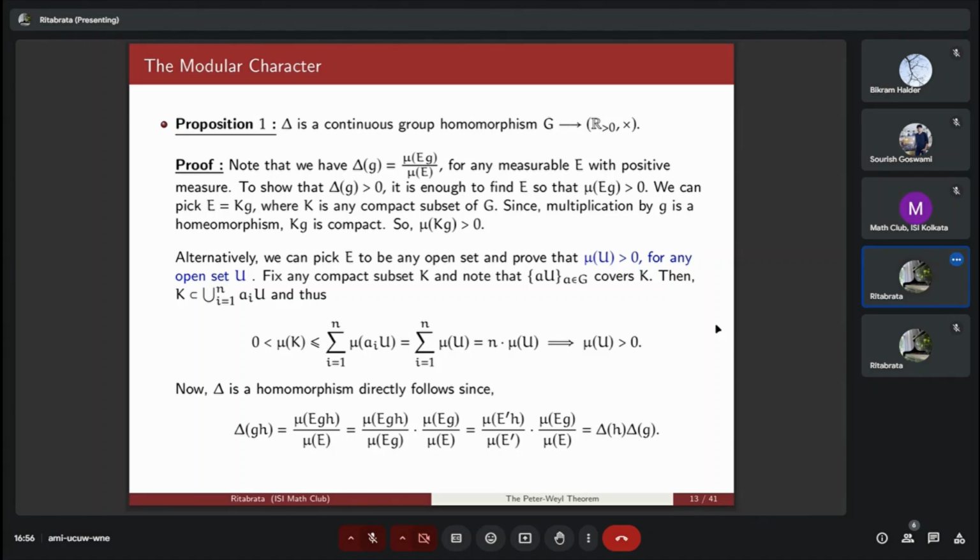This is important. So by definition, we have delta of G to be mu of Eg by mu of E for any measurable E with positive measure. To show that delta G is non-negative is trivial, but to show that it is never zero, we need to find a measurable E so that mu of E and mu of Eg are both non-zero.